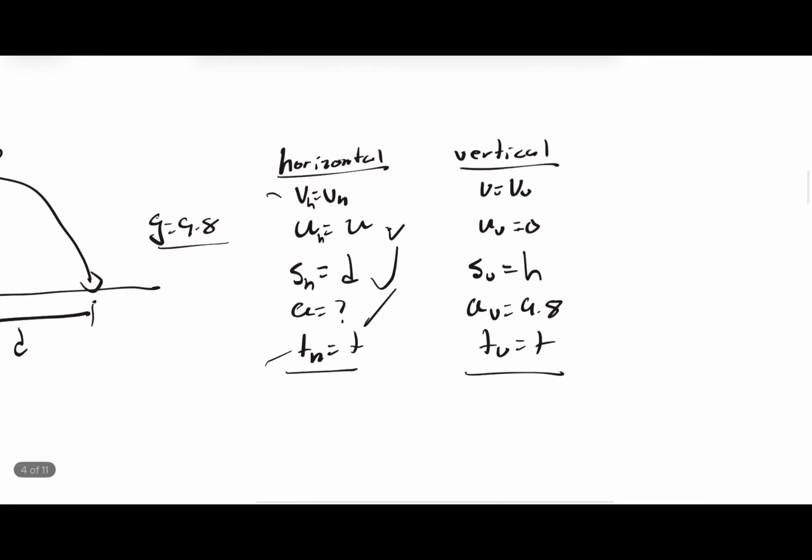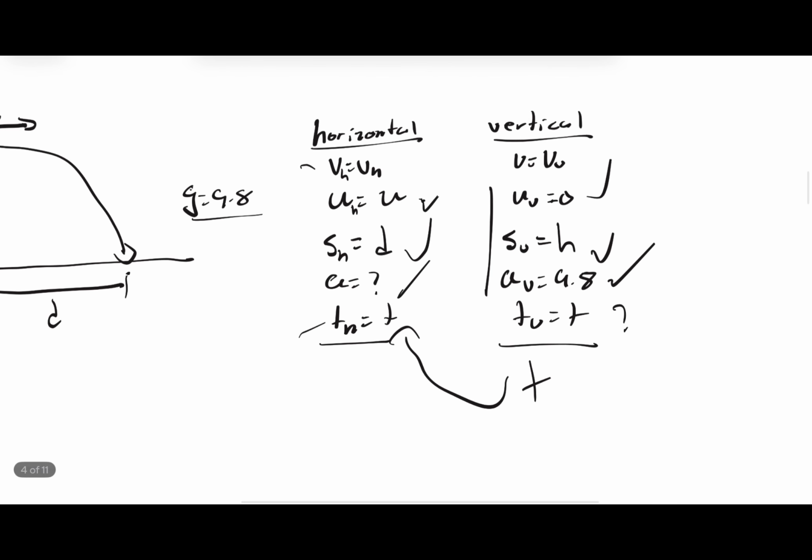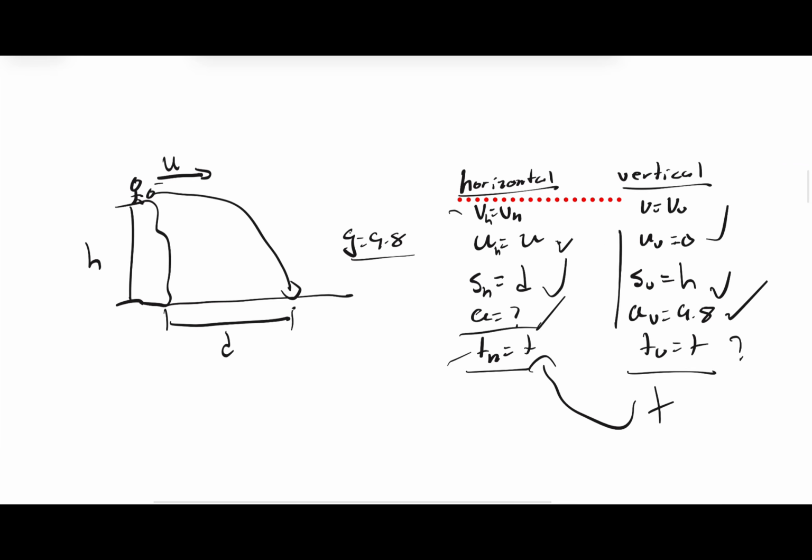Vertically, let's say you have your initial velocity, you have your height, you have your acceleration, but you don't know your time. So with this, you can use these to find t, and you would sub this t in here to go back and find the horizontal acceleration. And yeah, that is projectile motion and how you're supposed to solve it.